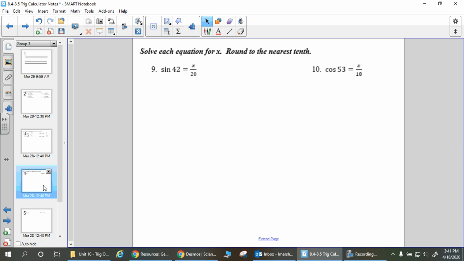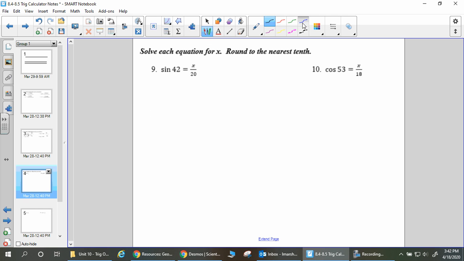So what we're doing is we're solving for x. We need to make sure that x is completely by itself before we enter something into our calculator. So if you look at the two problems on your screen, x is on the top of my fraction. Well, we don't tend to like fractions very much, so let's get rid of a fraction. I can get rid of a fraction by multiplying by 20 on both sides.